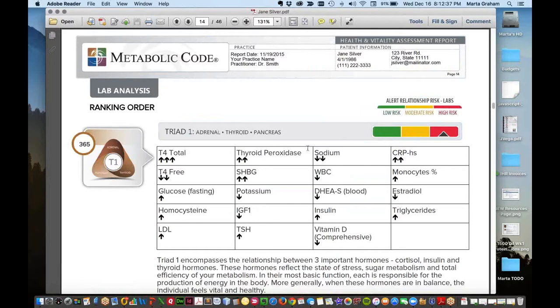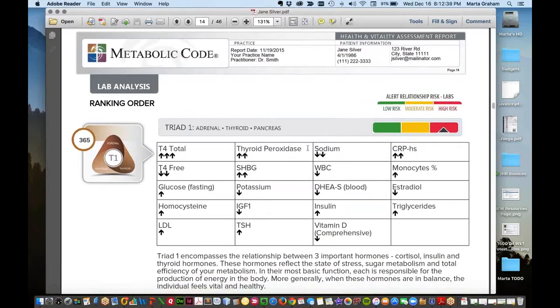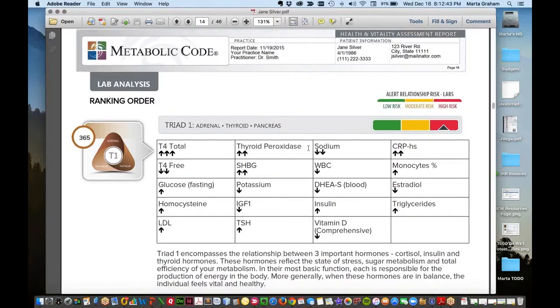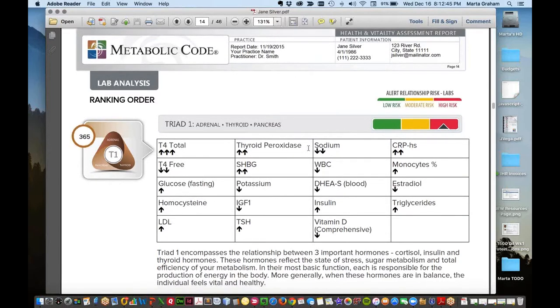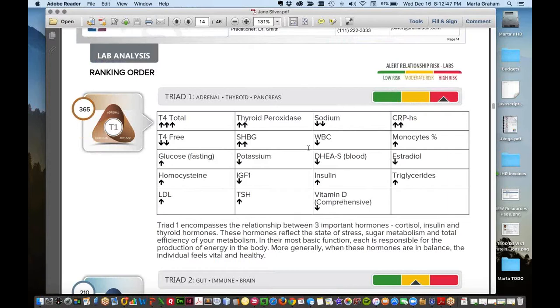So it allows us then to not only look in aggregate at markers, but also begin to break apart qualitative and quantitative. Here's a third layer of data. And this is to say that while within a particular triad or systems biology domain, there are direct markers that reflect this particular triad.